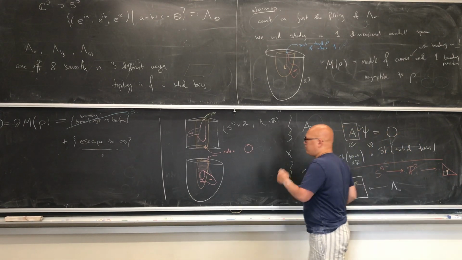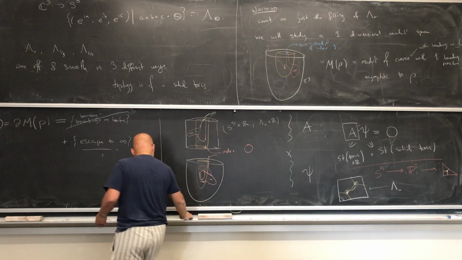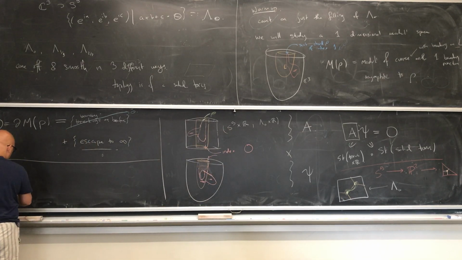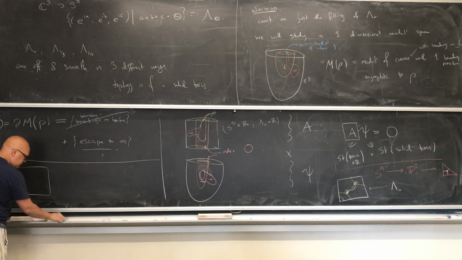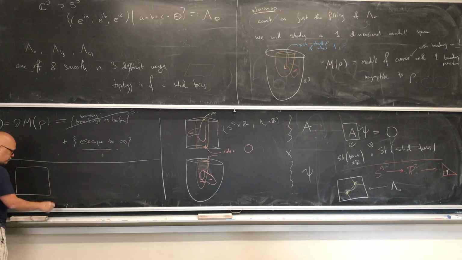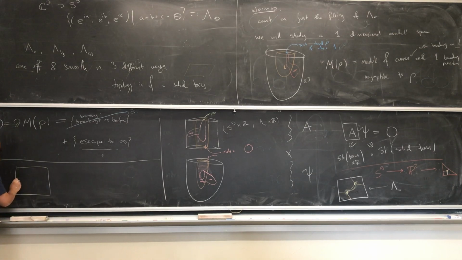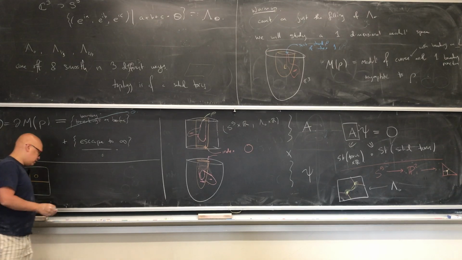It's important for maybe the next thing, which is that after I close it up, those 3 trajectories now look like the longitude, the meridian, and an unknot.